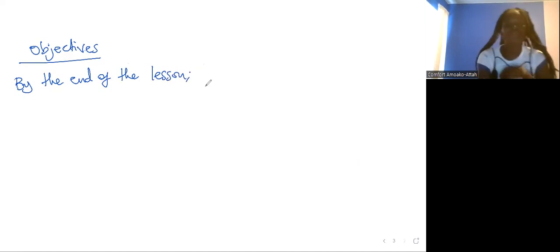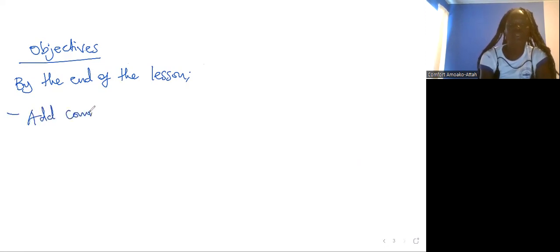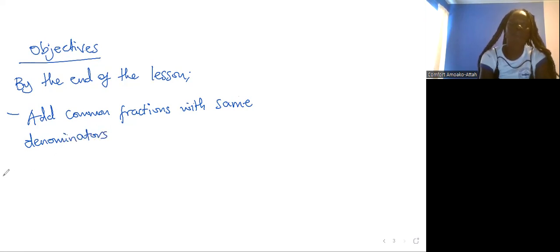By the end of the lesson, you should be able to: one, add common fractions with the same denominators.